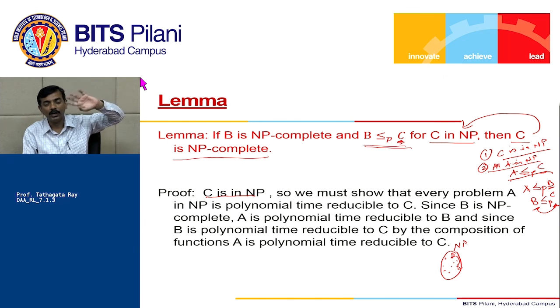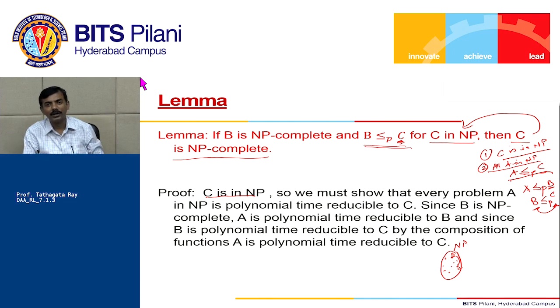We don't prove it explicitly for every problem. In order to prove a particular problem is NP complete, what you don't want to show is that every problem in NP is polynomial time reducible to this problem. That's the definition. But you don't want to do that every time.